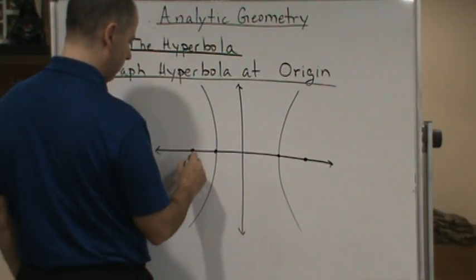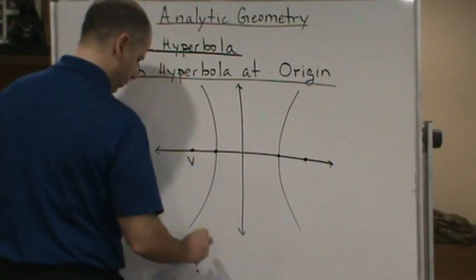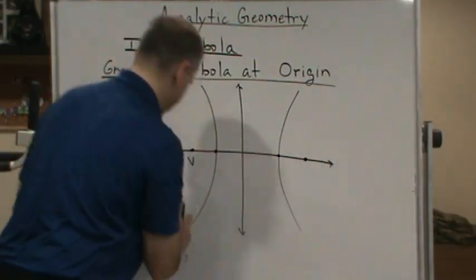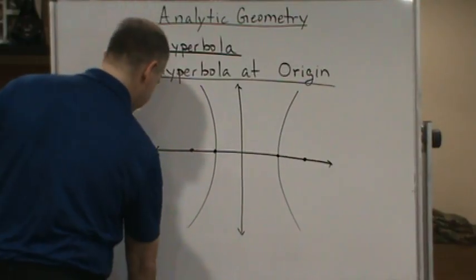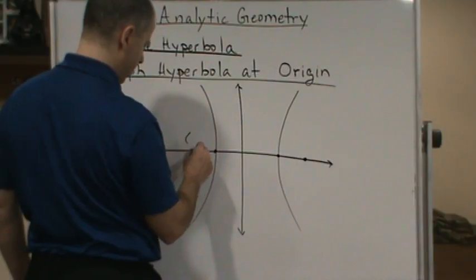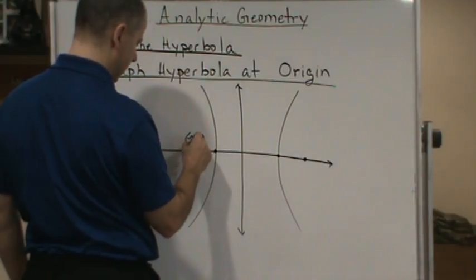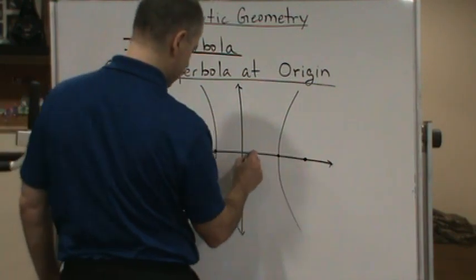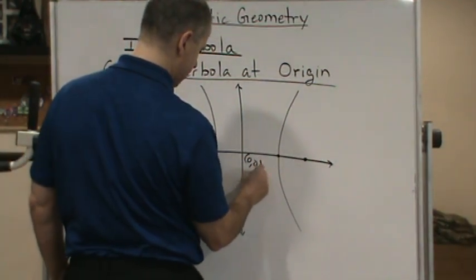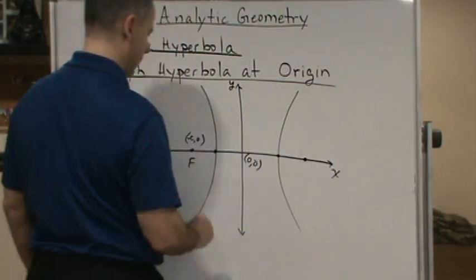And so we have one focus over here, right? So we'll call this focus 1. So there's a focus here, and we'll call this negative c, comma 0, since we're going to say that this is at the origin. So that's the origin.